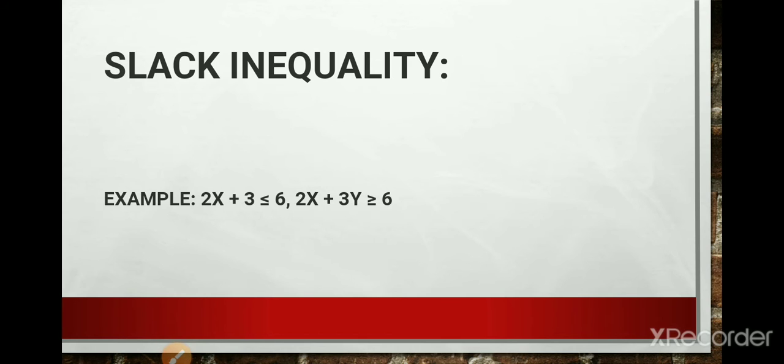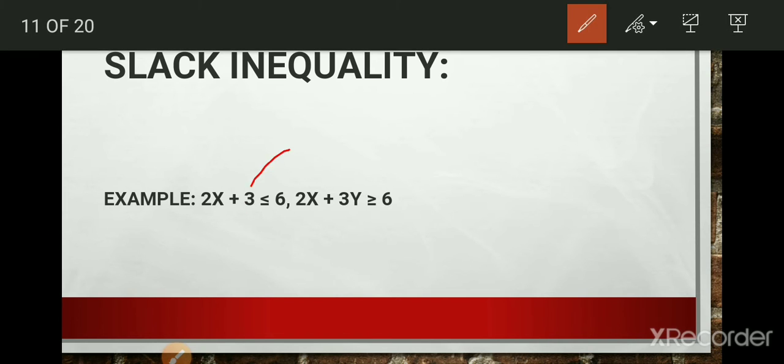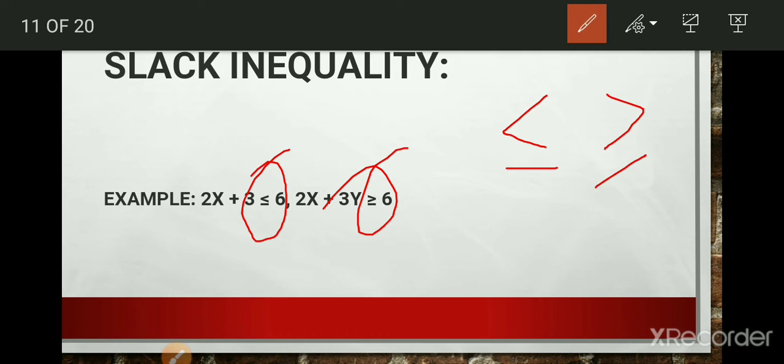Slack inequalities. If the mathematical expression involves less than or equal to, or greater than or equal to, it is shown clearly here. This is the symbol for inequalities.